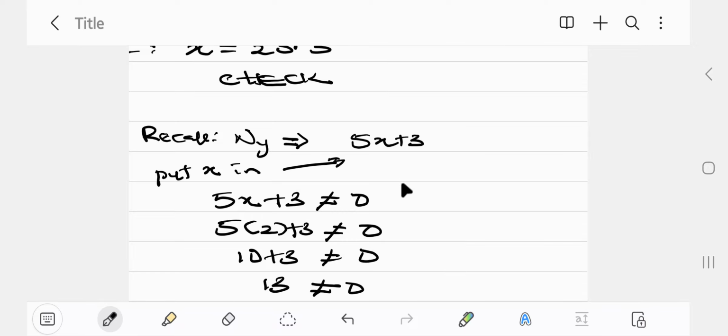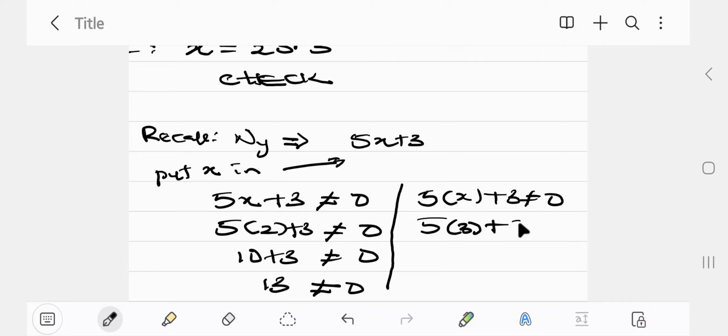Now if we apply the same thing to x equal to 3, 5x plus 3 becomes 5 multiplied by 3 plus 3, which is 15 plus 3, and when you add this together you have 18, which is not equal to 0.